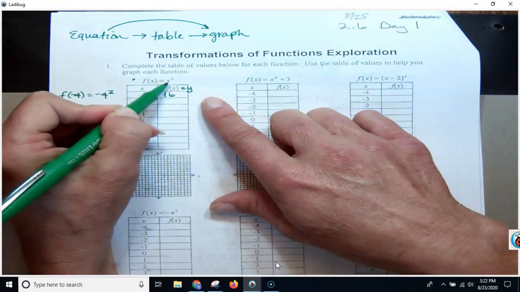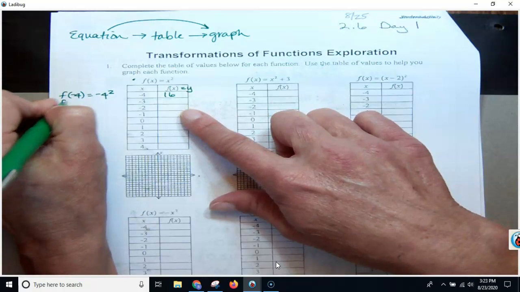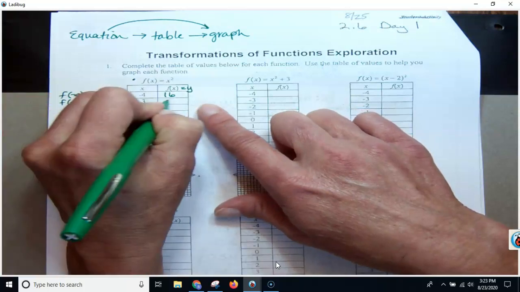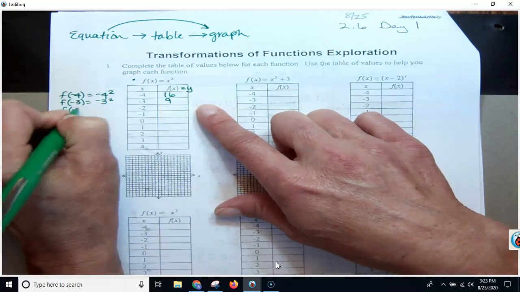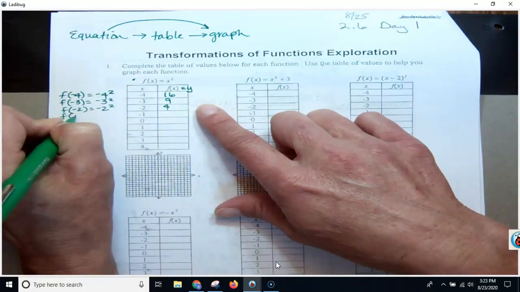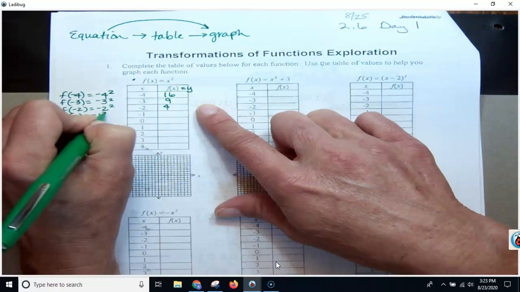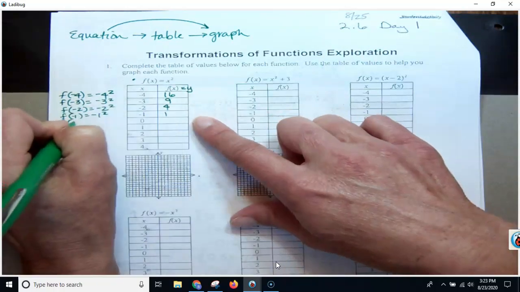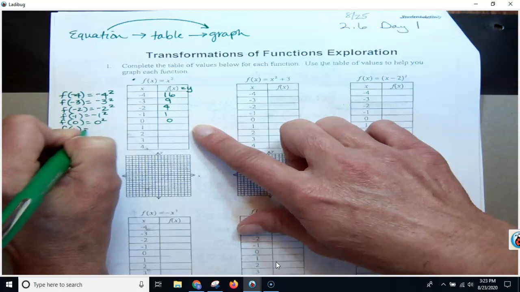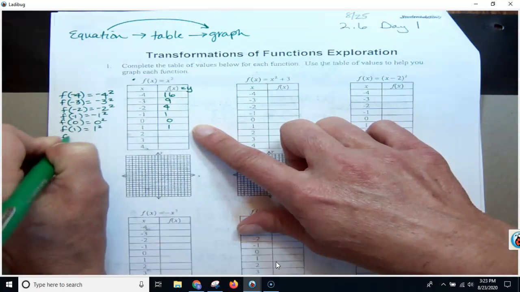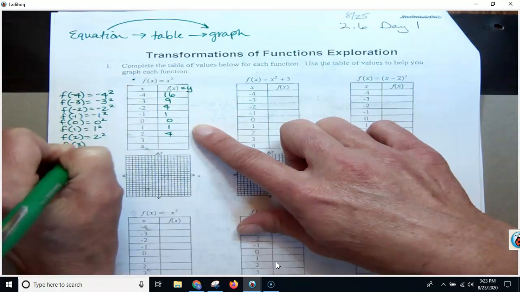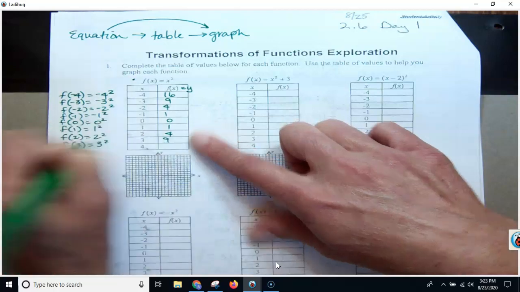I'm just putting the x in here and getting 16. So if I just do that for every value, negative 3 squared is 9, negative 2 squared is 4, negative 1 squared is 1, 0 squared is 0, 1 squared is 1, 2 squared is 4. You know how this goes. So we get all of these.